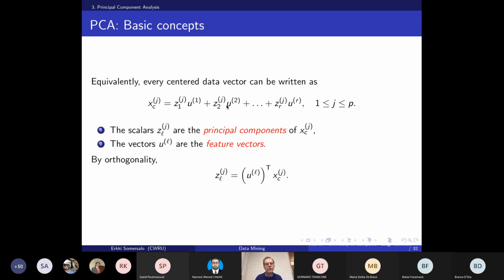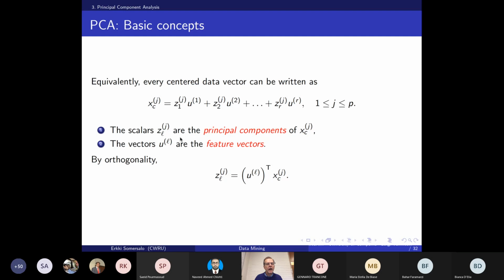So there are R numbers which are related to the jth data vector. And those R numbers are called the principal components of XCJ. So the principal components are telling in which way my jth data vector is obtained by taking a linear combination of the so-called feature vectors. So the feature vectors are these UL vectors, which are featuring the whole data. So the whole data can be described in terms of these feature vectors.